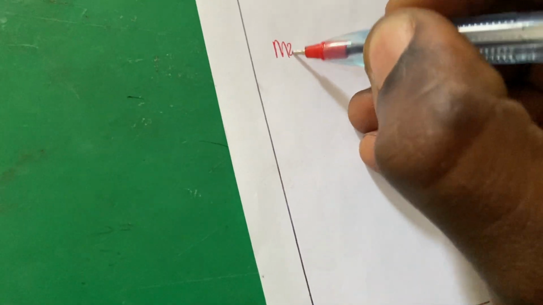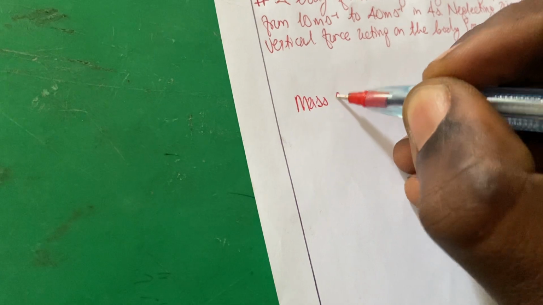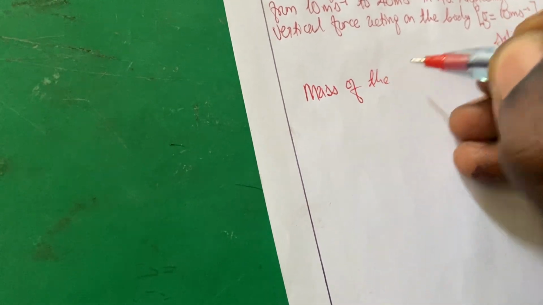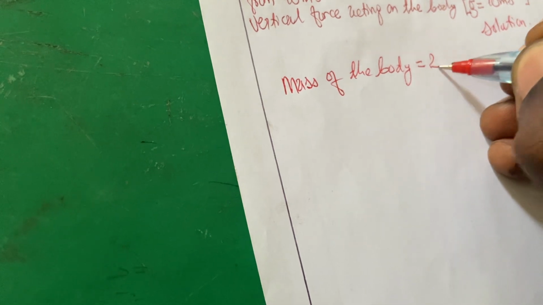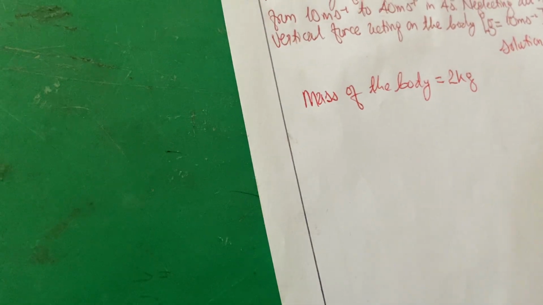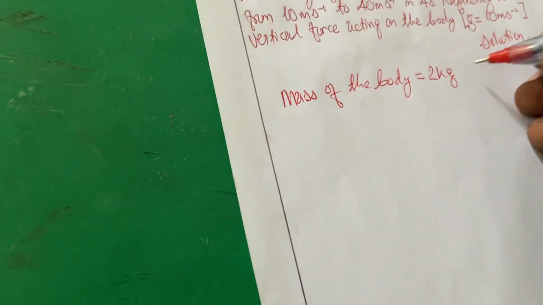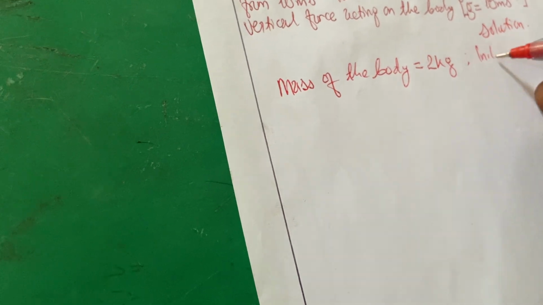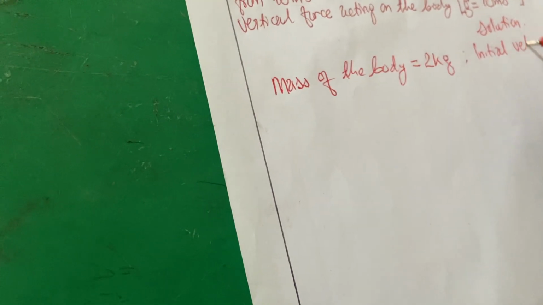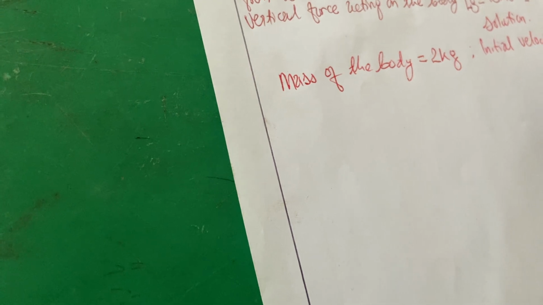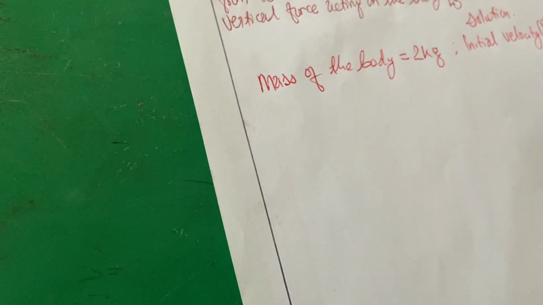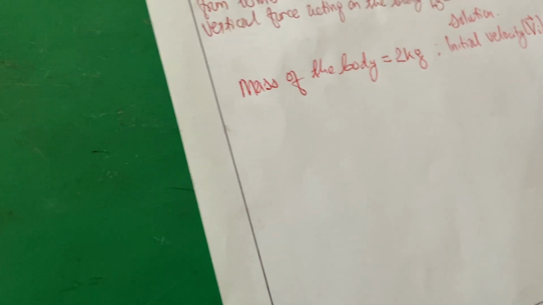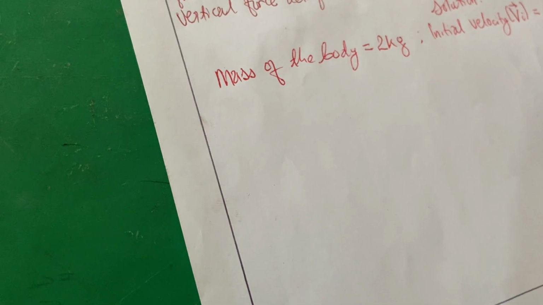Every detail is given to us in the question. So the mass of the body equals 2 kg. The initial velocity, Vi, equals 10 meters per second.